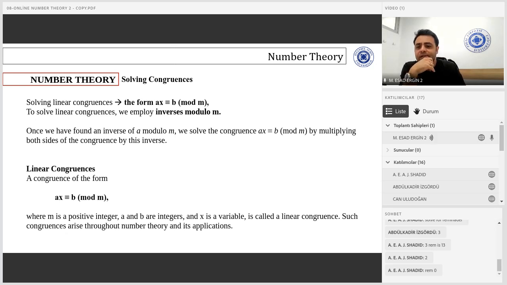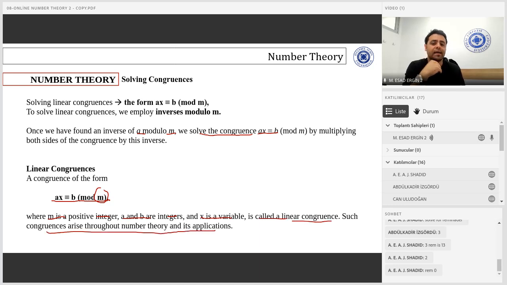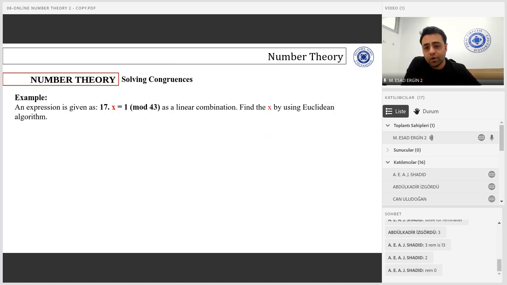In this case, the theorem says once we have found an inverse of a modulo m, we solve the congruence by multiplying both sides of the congruence by this inverse. Also, where m is a positive integer, and a and b are integers, and x is a variable, this is called a linear congruence, and such congruences arise throughout number theory and its applications.